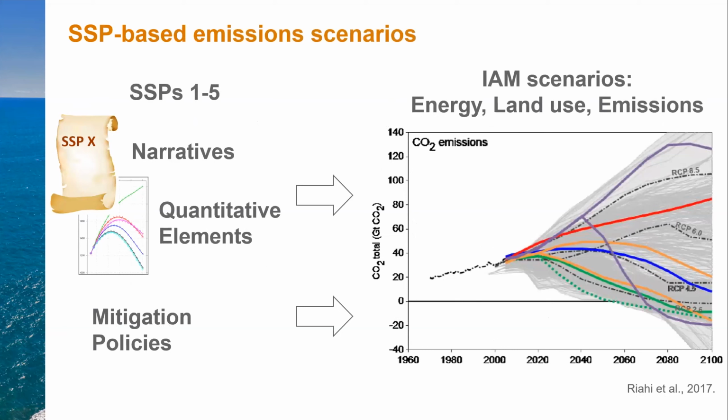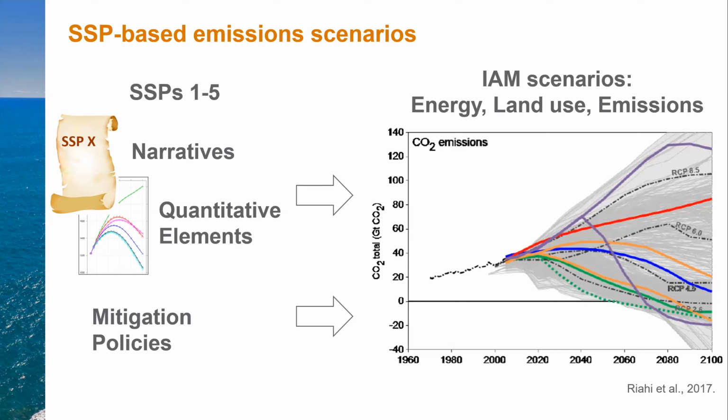So these SSPs then are used as input, right, to create other elements of this framework. And one of those elements that, you know, we're all familiar with, pretty familiar with, is the integrated assessment model emission scenarios and land use scenarios that are then used to drive Earth system models.